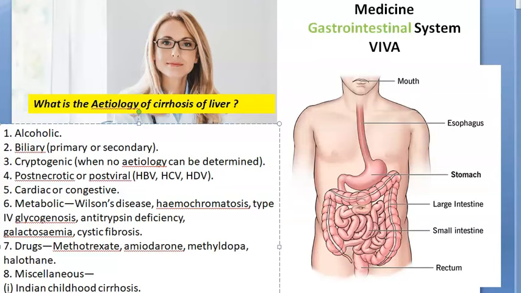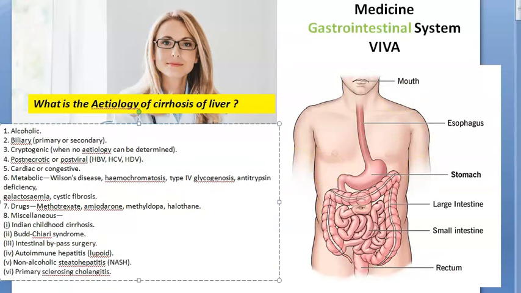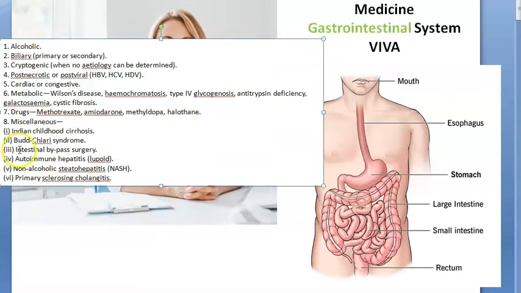All these can be causes, ma'am. Then drugs like methotrexate, amiodarone, methyldopa, etc. Ma'am, amiodarone is used for antiarrhythmia. And then other miscellaneous causes can be Budd-Chiari syndrome, Indian childhood cirrhosis, then autoimmune hepatitis, then non-alcoholic steatohepatitis like NASH. That's all, ma'am.